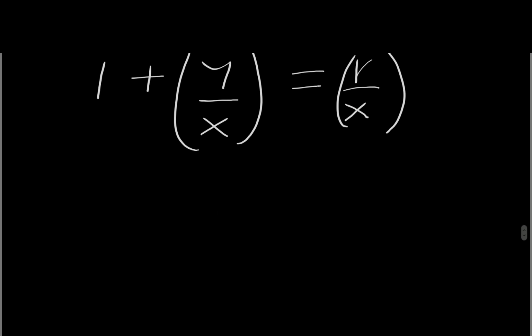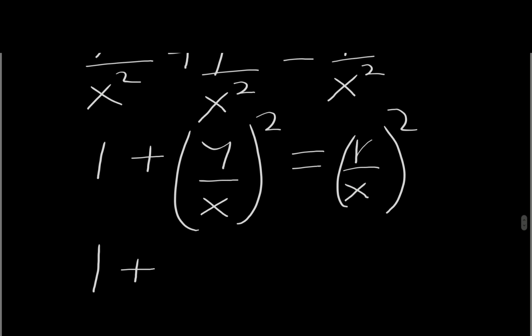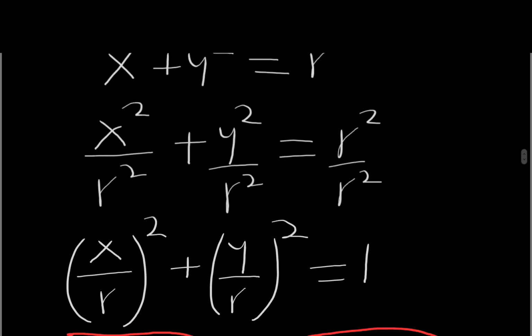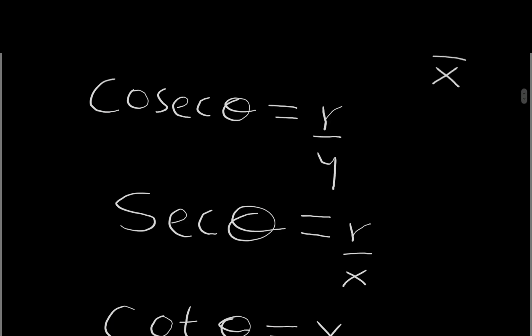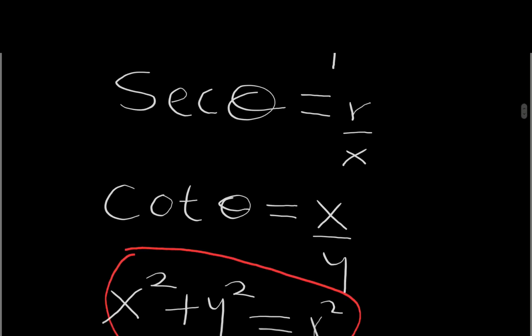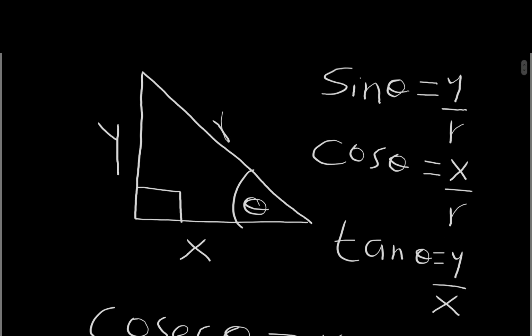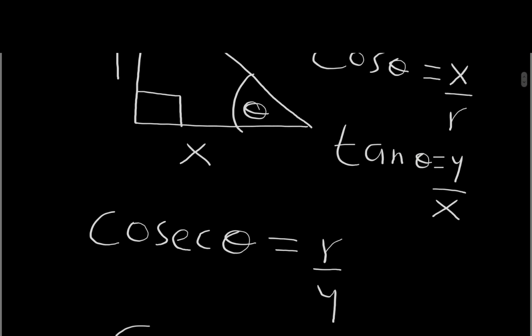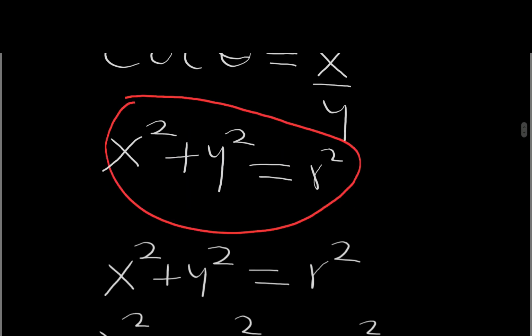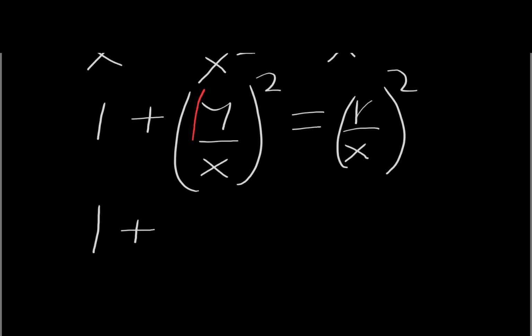So now I have 1 plus, what is y over x? Let's check it. Y over x is tan. So we have y over x to be what? Tan. So in place of y over x, I'm going to have tan theta.